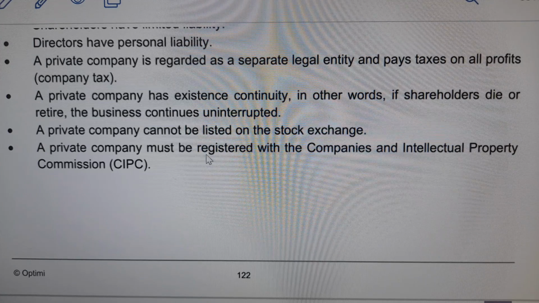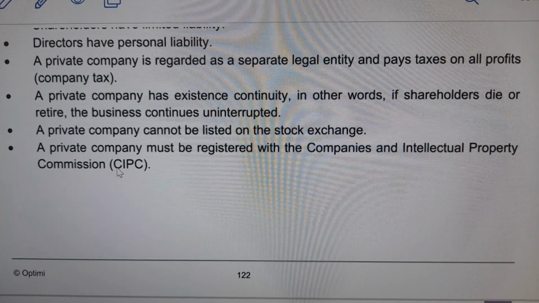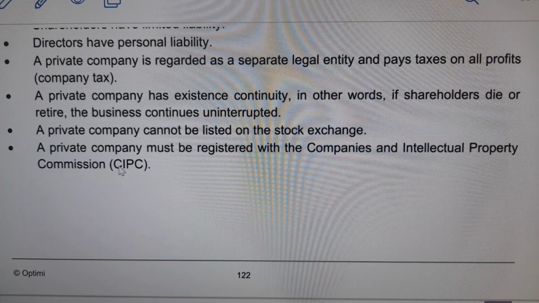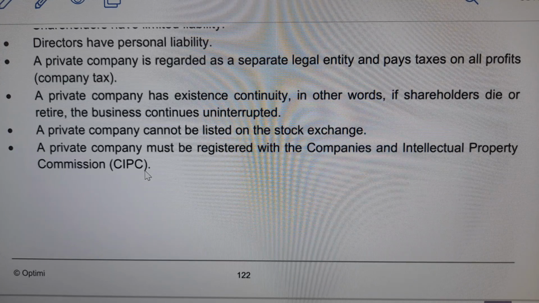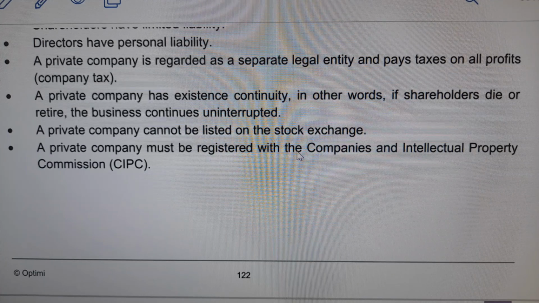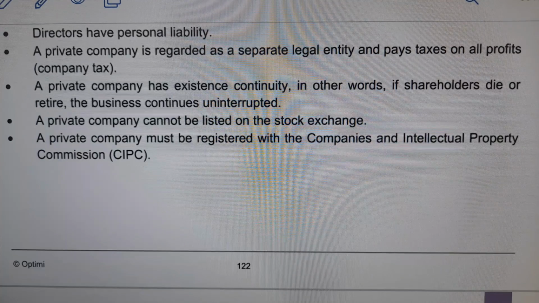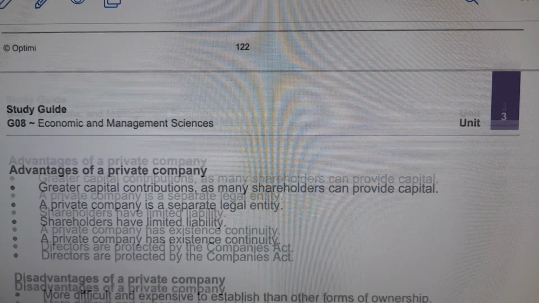A private company must be registered with the Companies and Intellectual Property Commission, which is the CIPC. So you must know that CIPC stands for Companies and Intellectual Property Commission. So that is a private company.